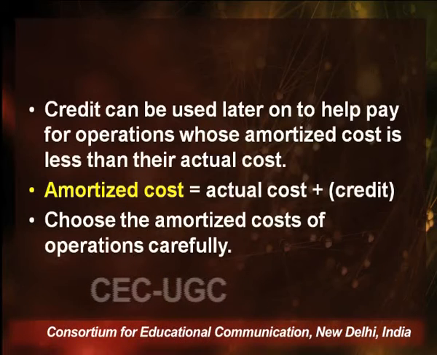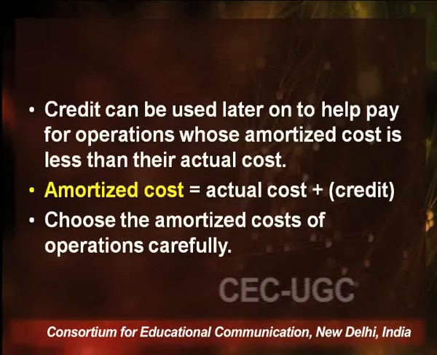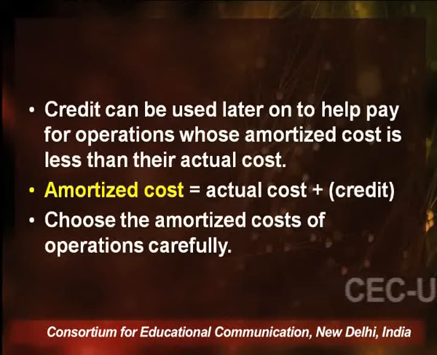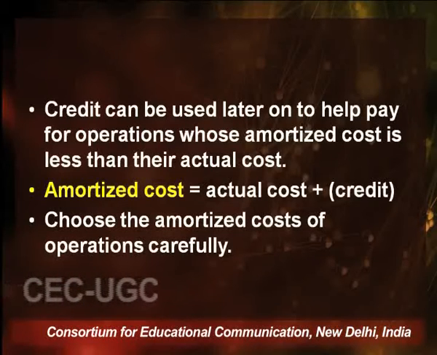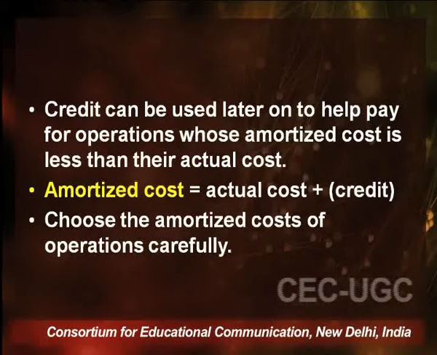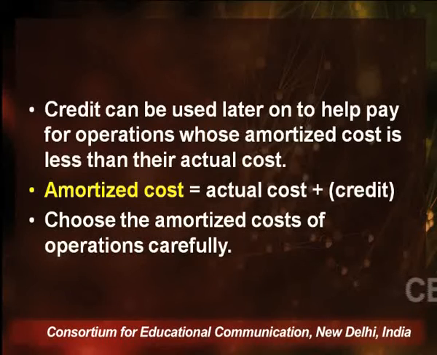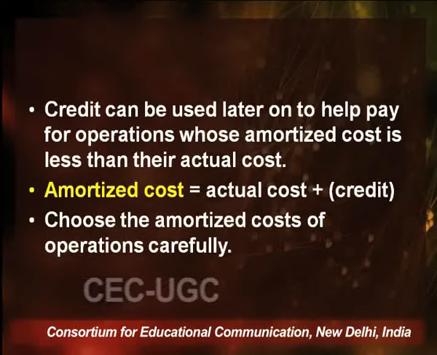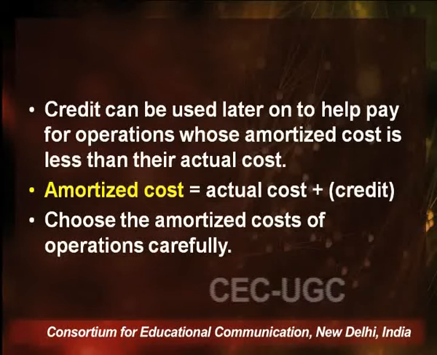Now this credit can be used later on to help pay for operations whose amortized cost is less than their actual cost. In the sequence of operations, we will have some operations where we have charged less and their actual cost is more. Where we get a deficit of cost, that credit can be used to pay.